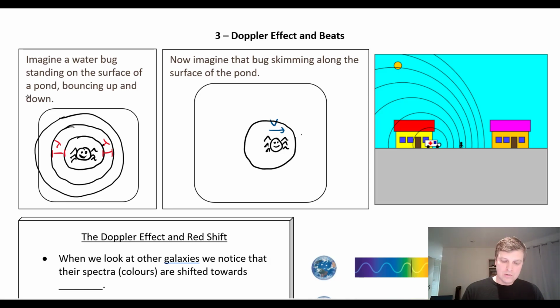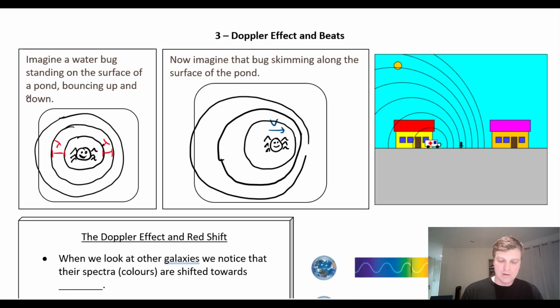And so these circles aren't going to be quite so concentric anymore. They're going to be piled up in front of the water bug and then spread out behind the water bug. So I'd notice a very different wavelength in front compared to behind. There'd be a smaller wavelength in front and a larger wavelength behind.